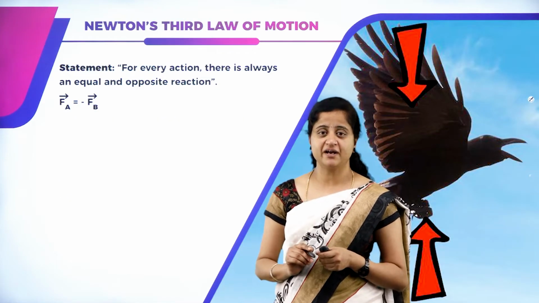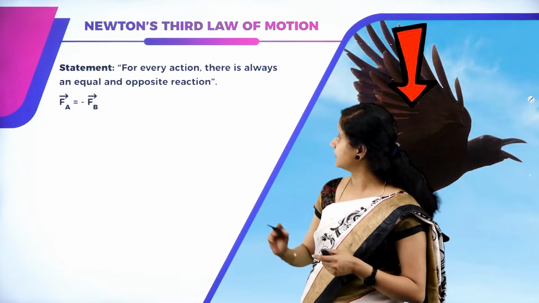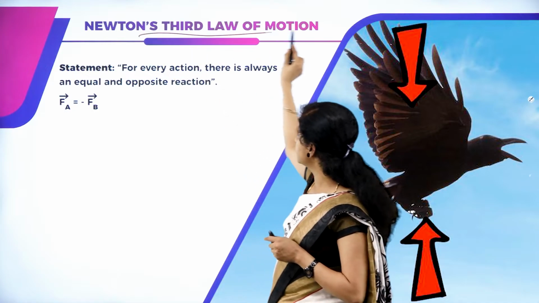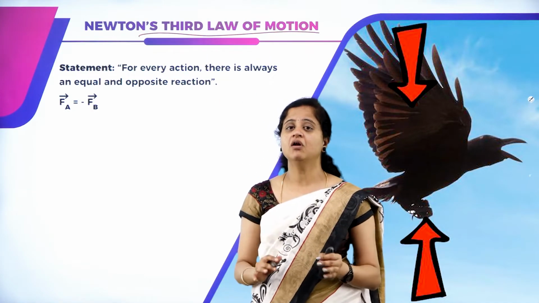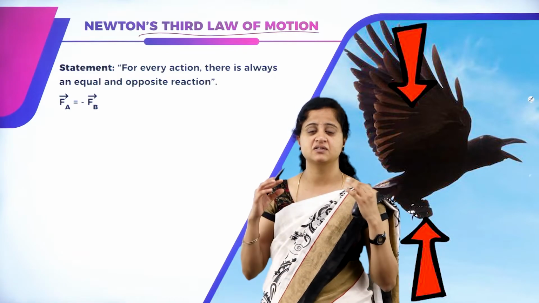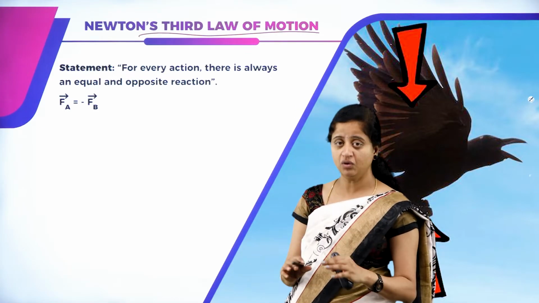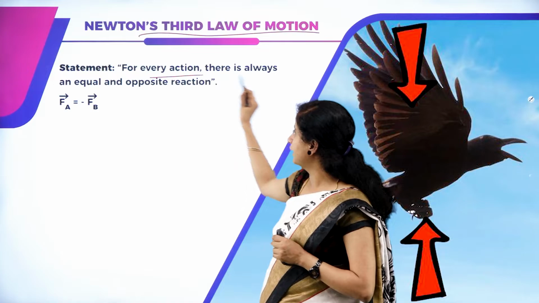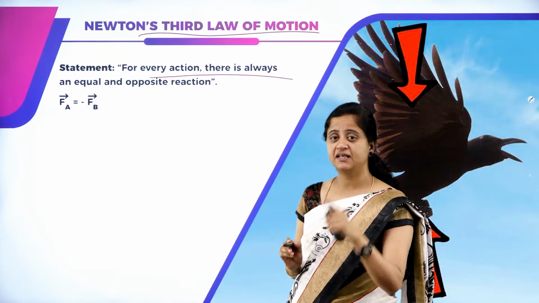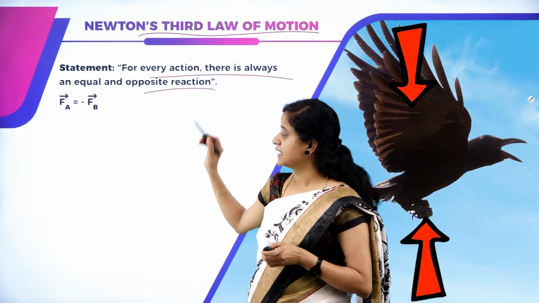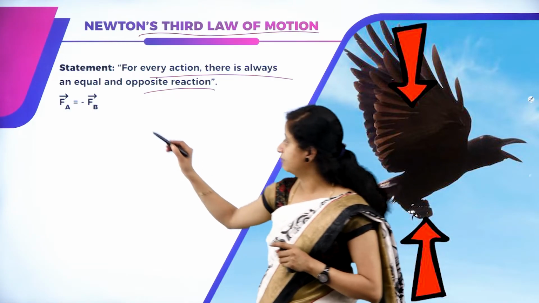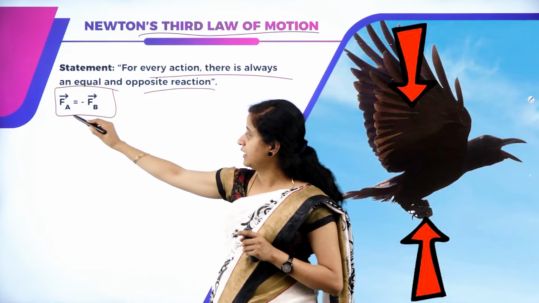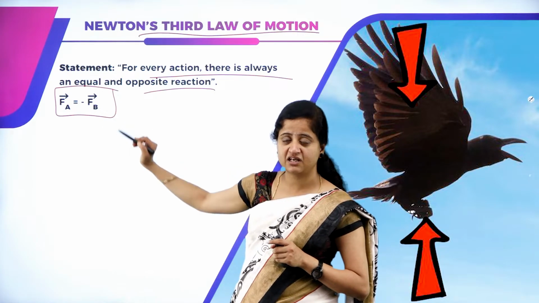So let us now study the third law of Newton, that is Newton's third law of motion. It is very familiar to all of us. We have all heard this many times and we know what it is: for every action there is an equal and opposite reaction. Since force is a vector quantity, we can write it as FA is equal to minus FB.